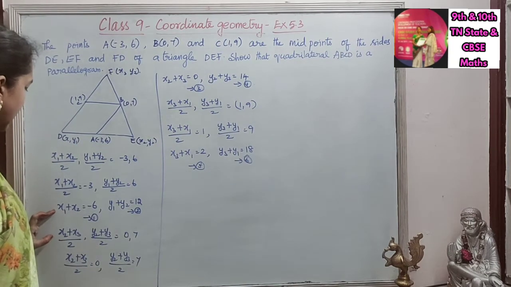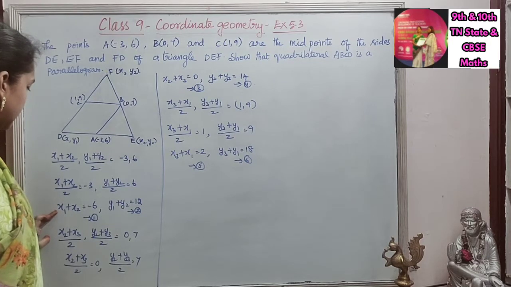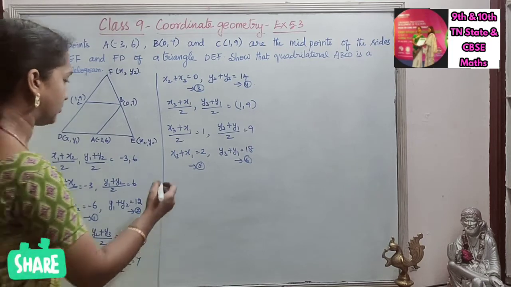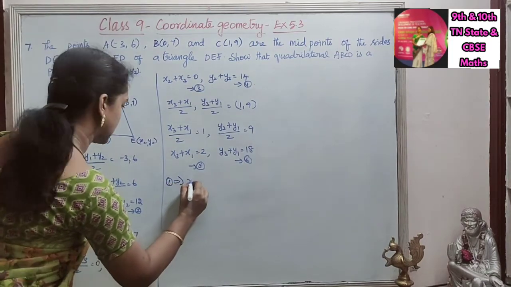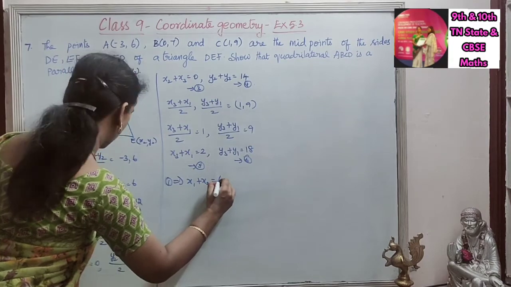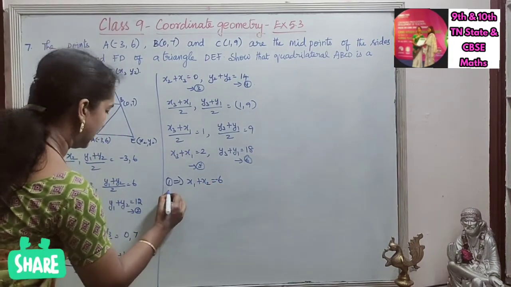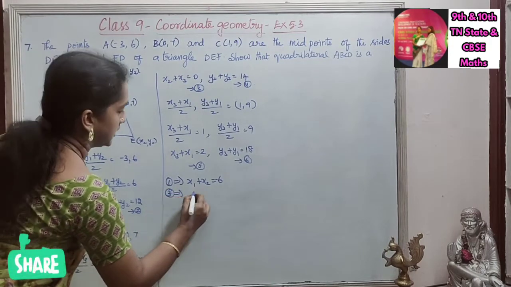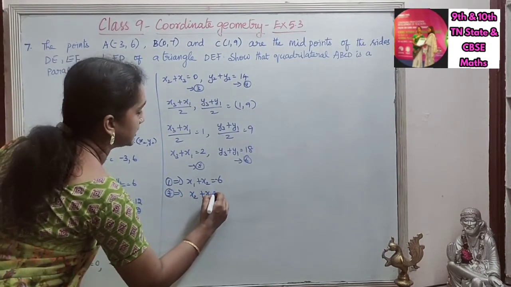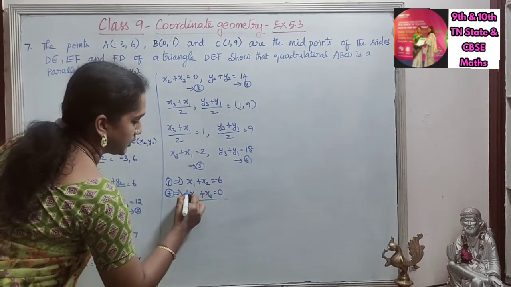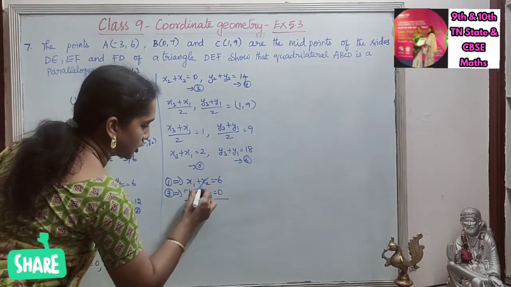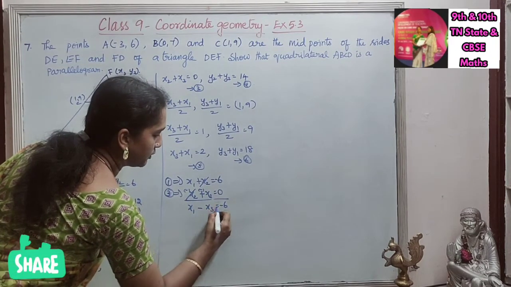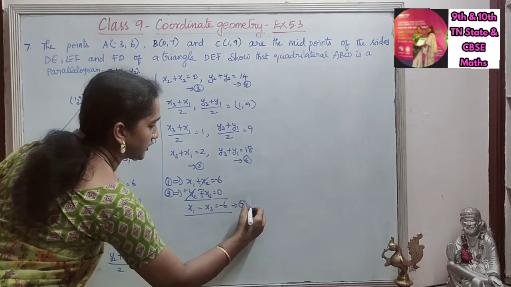So for finding that, we will take the first equation and the third equation. The first equation is x1 plus x2 is equal to -6 and the third equation is x2 plus x3 is equal to 0. So now when we subtract this, x2 will get cancelled. So x1 minus x3 is equal to -6. So this is the seventh equation.